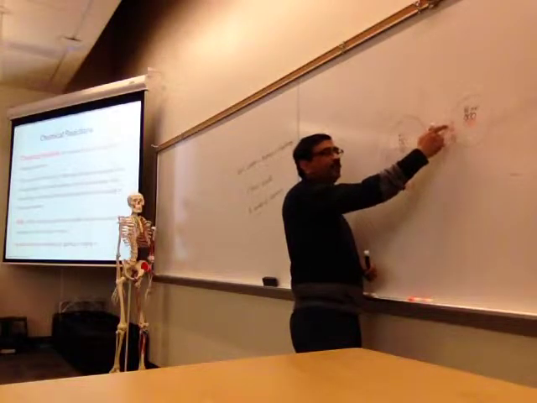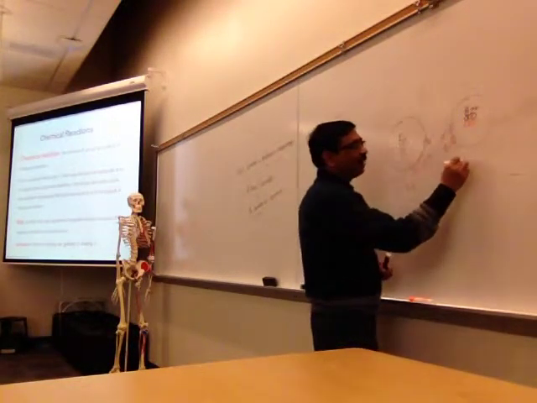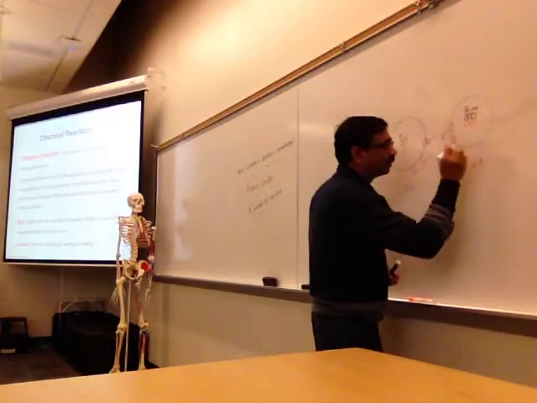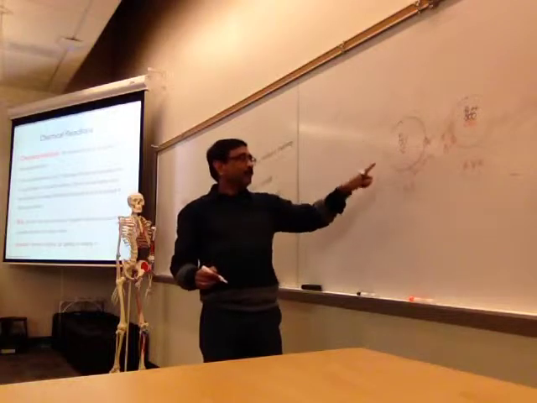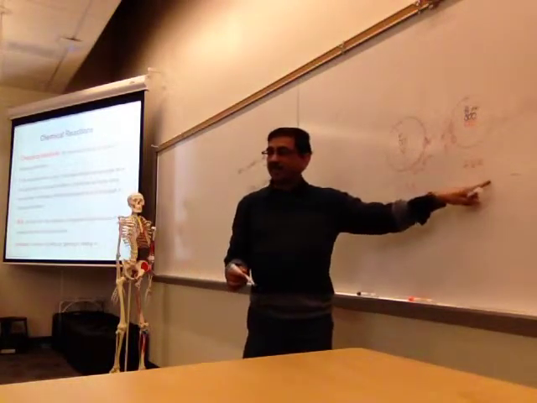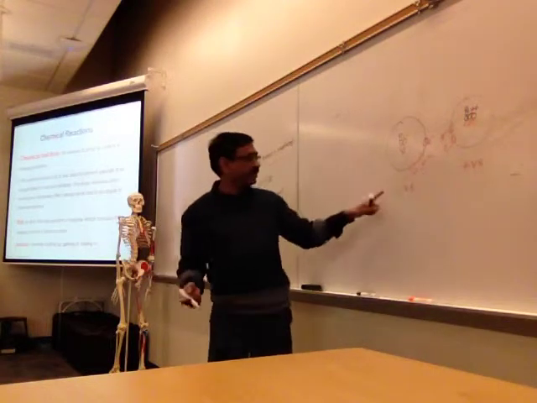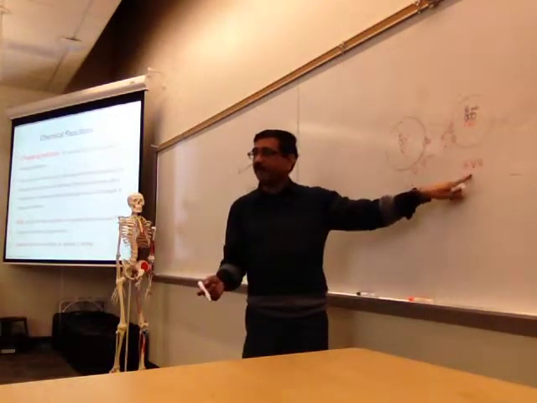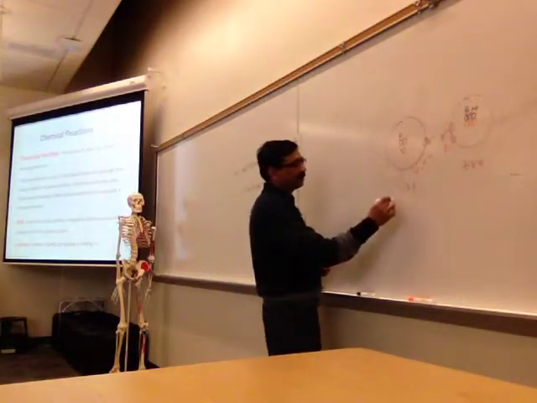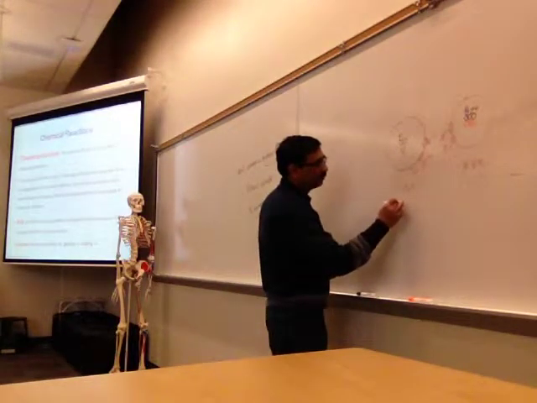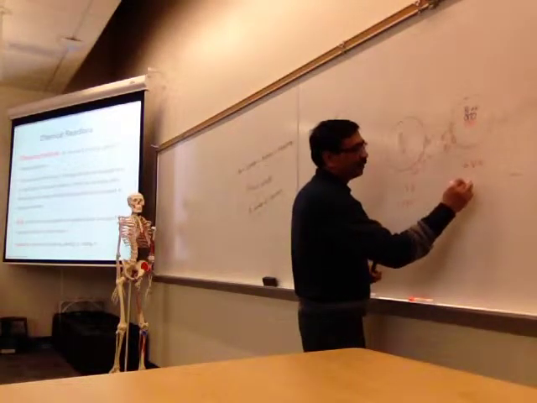So now it has 2 negative and how many positive? 3. So it will become what? Positive. Okay. When an atom gets electrical charge, it could be positive or negative, doesn't matter. When an atom gets positive or negative electrical charge, it is called an ion. So this is a positive ion, this is a negative ion, this is a positive ion.